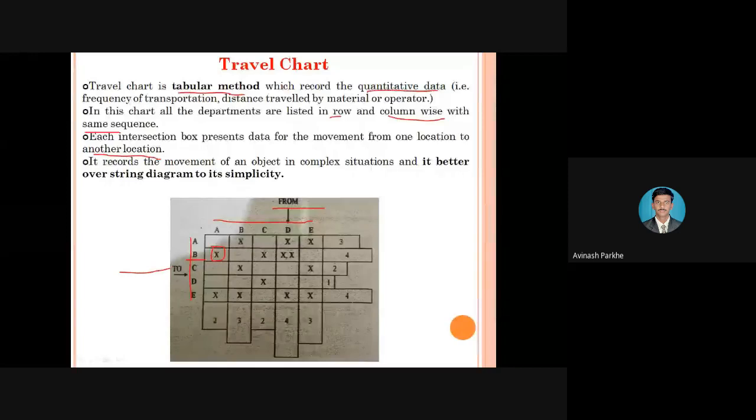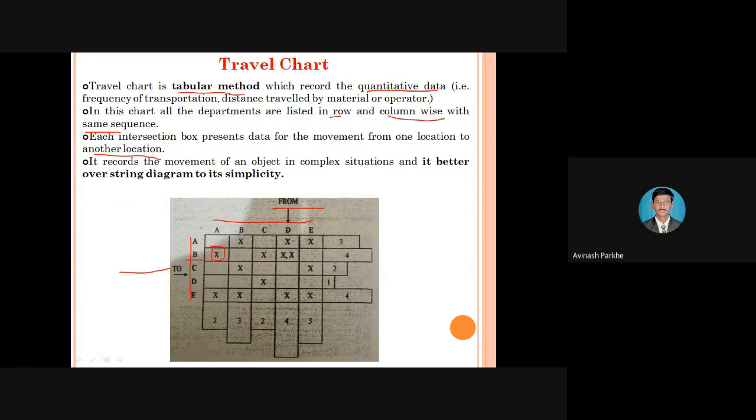X represents the interaction between point A and point B. Means either your material or operator is coming from point A and moving to point B, or it is representing that material or operators are coming from point B and moving to point A.